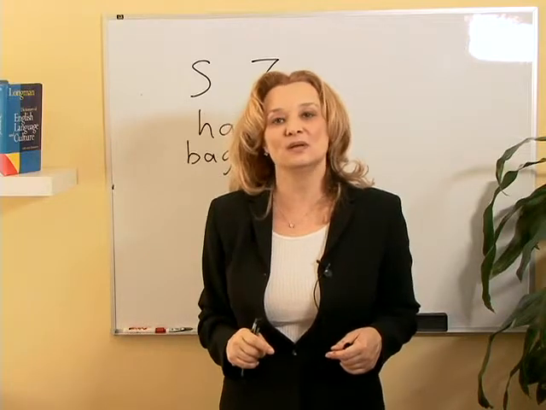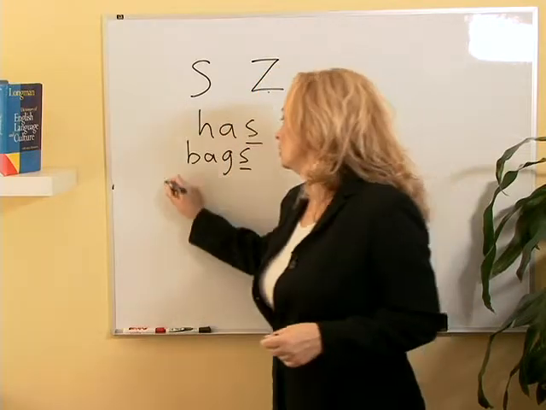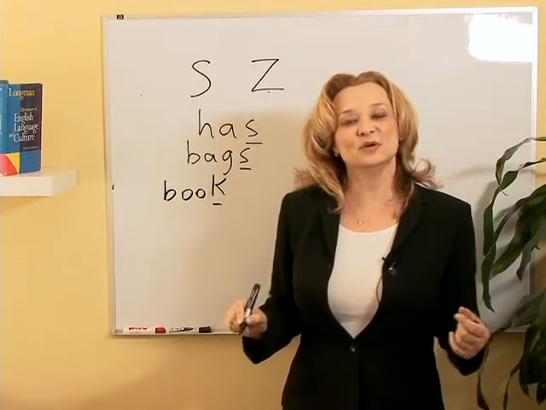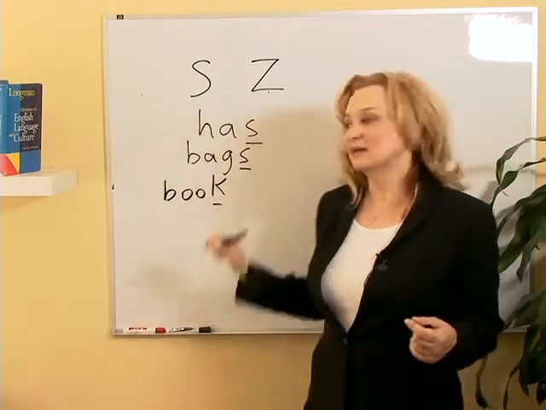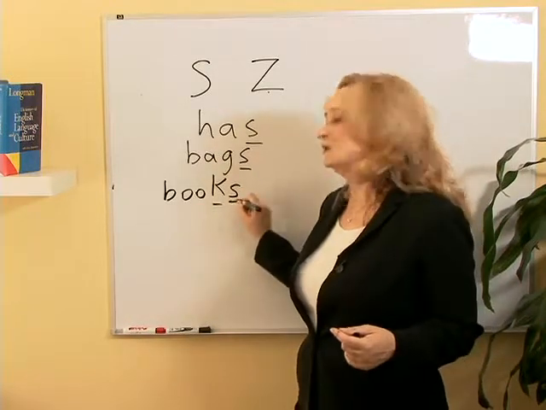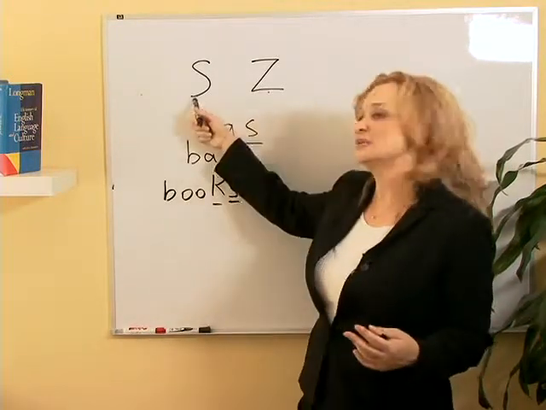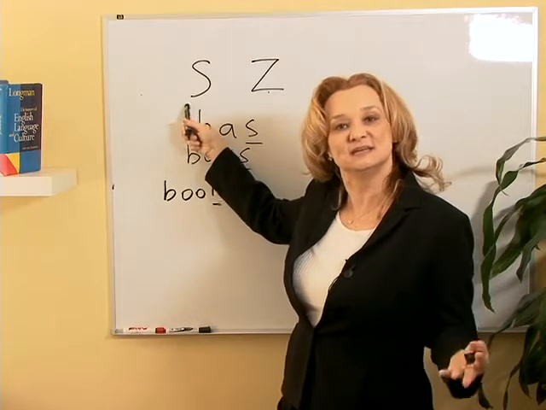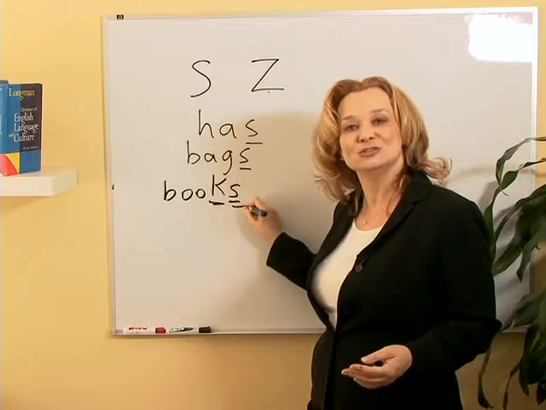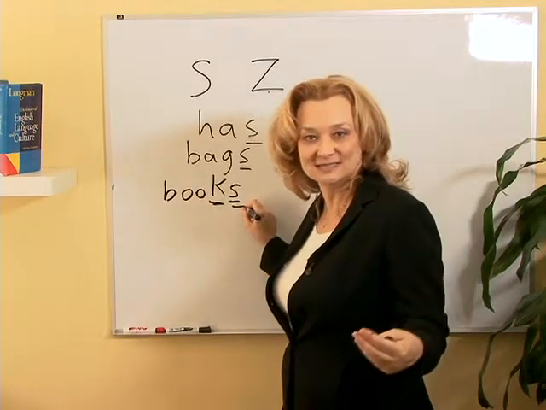For example, if we say "book," this K is voiceless. K, k, k. Therefore, the S that comes after that also remains voiceless, which is an S. One voiceless sound next to another voiceless sound.